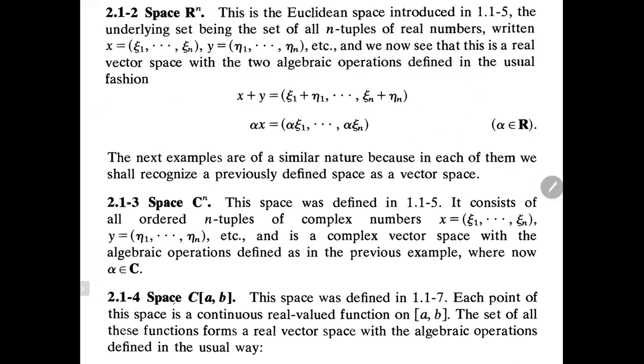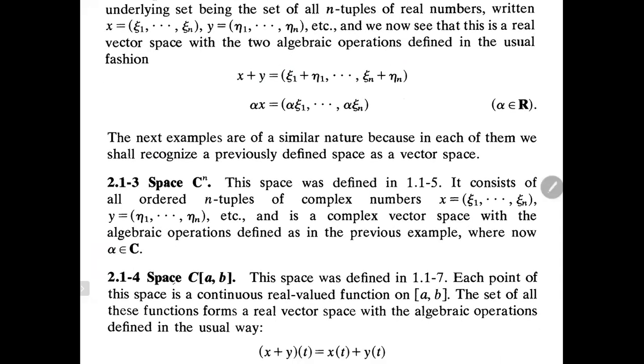So similarly, space Cn, it is a space of n tuples of complex numbers. So ordered n tuples of complex numbers. So every tuple is a complex number. For example, x equal to xi1 up to xin. Each xi is a complex number.